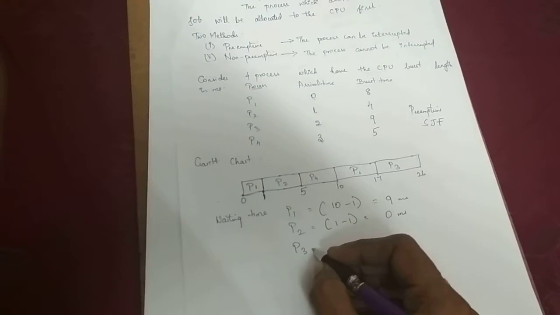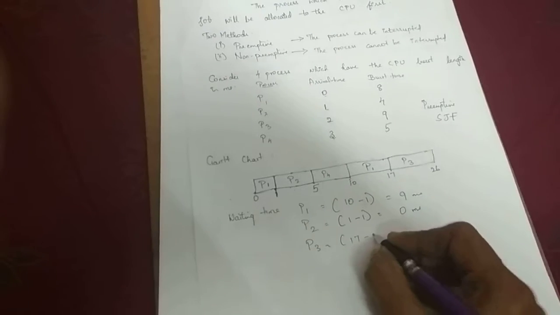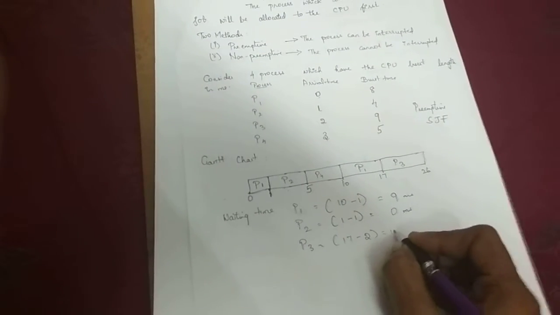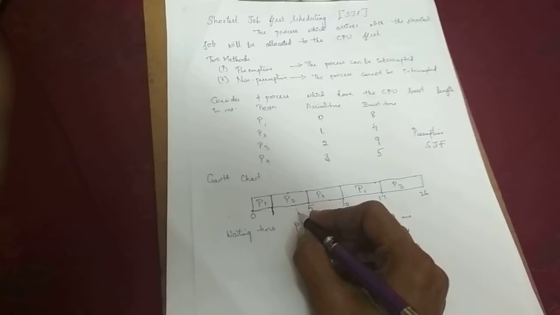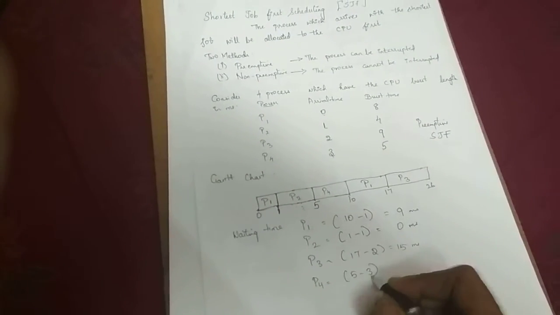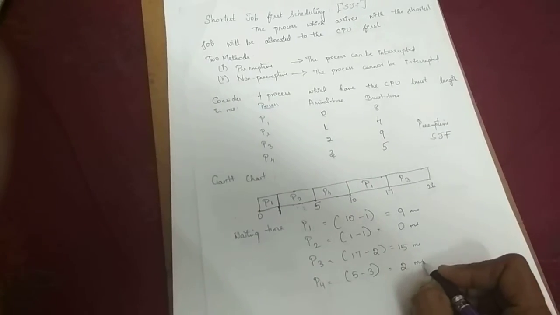So 17 minus 2, which is 15. The final one, P4, arrived at 3 and waited till 5 only. So 5 minus 3, which is 2 milliseconds.